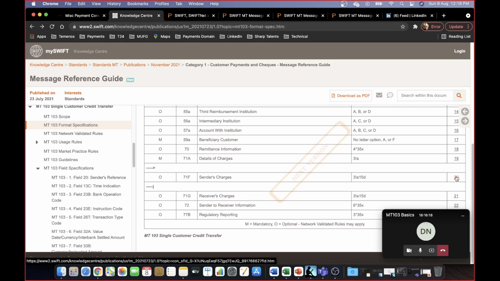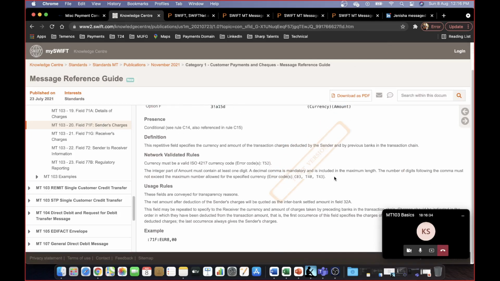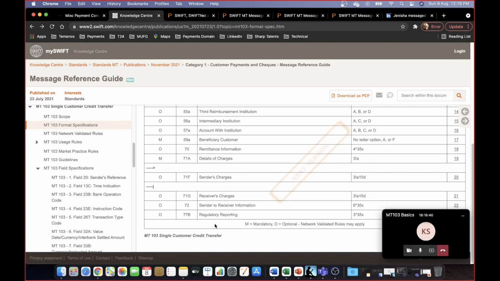Actually, I may not be remembering the exact number. I think you are talking about 71F, but 71F is not mandatory. 71F is sender's charges information. We'll see what 71F is in the next explanation, but even 71F does not contain any details as far as I know.